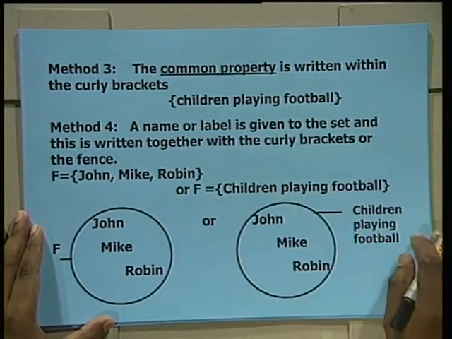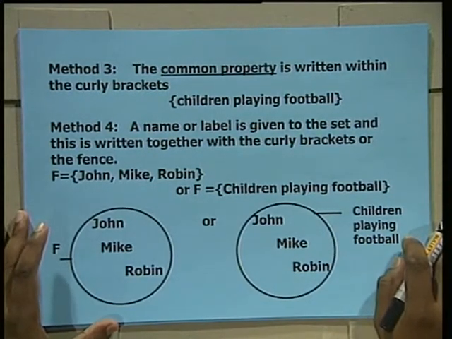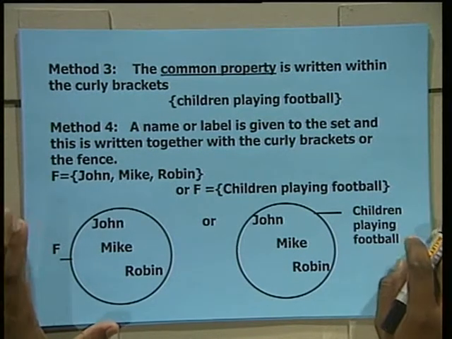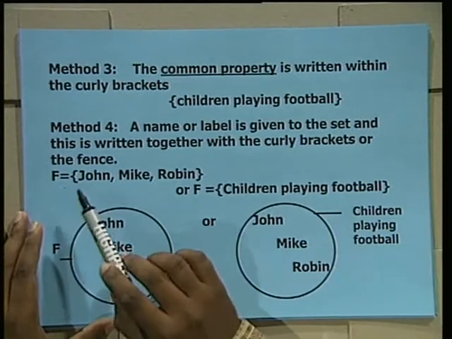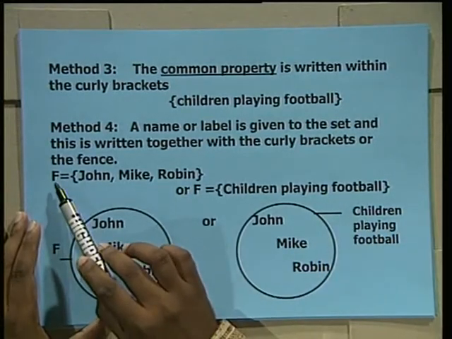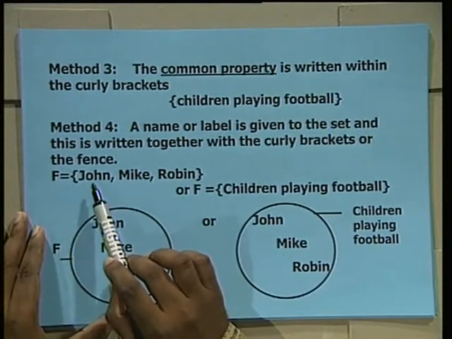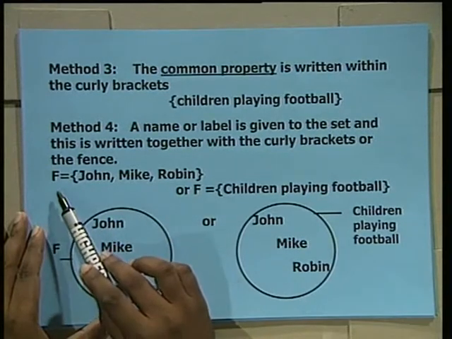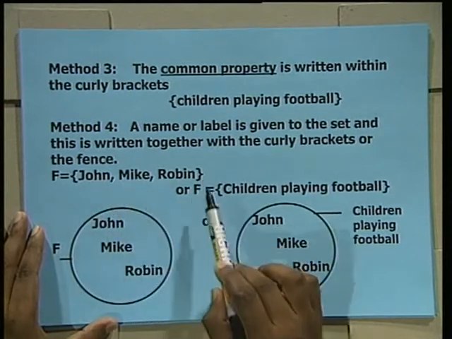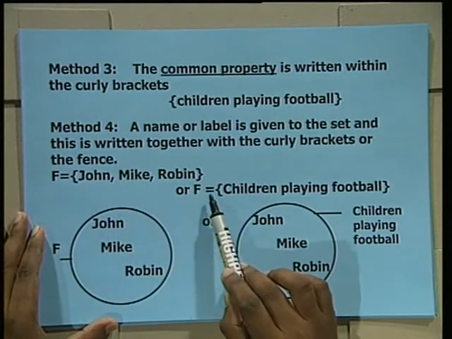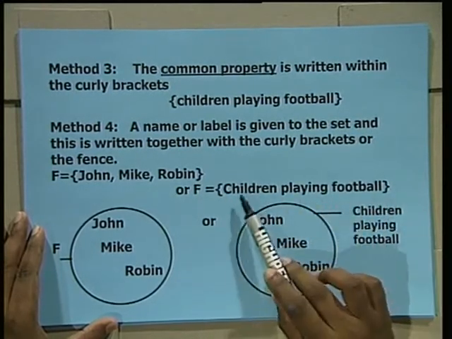The fourth method would be to give a name to the set, and this is very popular. For example, here we have decided to call the set by the name F. Therefore, the set which consists of children playing football will be called F. So we are going to write it as F = {John, Mike, Robin}, or we can also write it as F = {children playing football}, that is the common property within curly brackets.